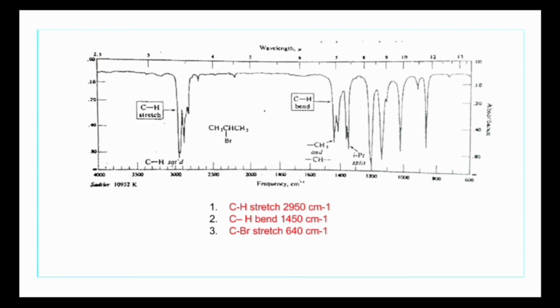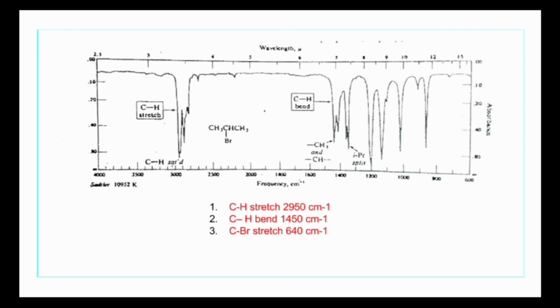Okay, in this spectrum you will see the C-H stretching peak at 2950 centimeter inverse, the C-H bending peak at 1450 centimeter inverse, and the C-Br stretch frequency at 640 centimeter inverse. How do we know these values, or how do we interpret this IR?